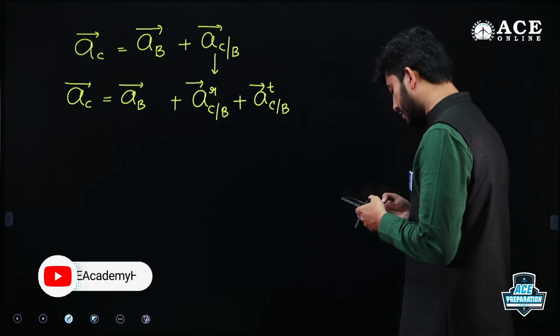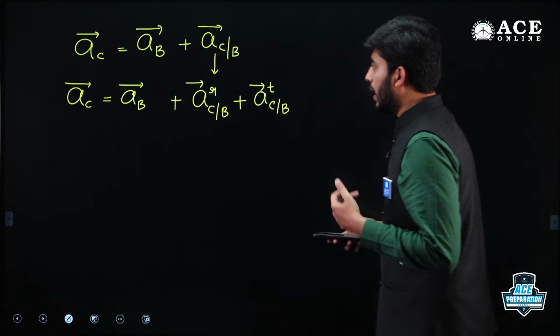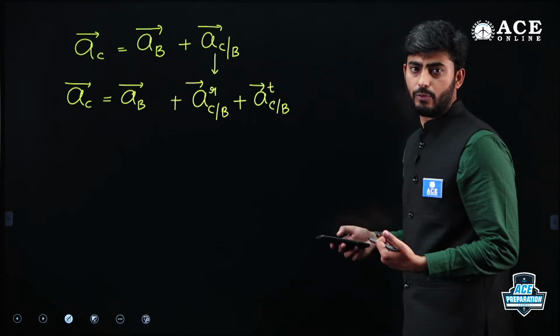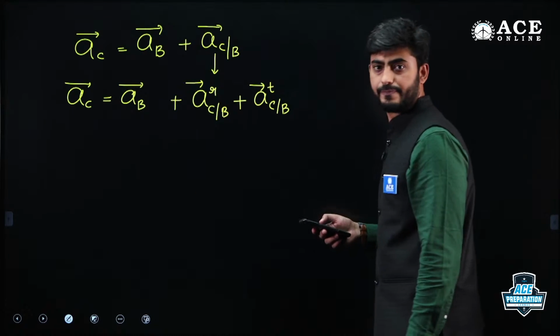We are writing this equation of general motion. Link BC, that is the connecting rod, is in general motion. So for point C I am writing this.